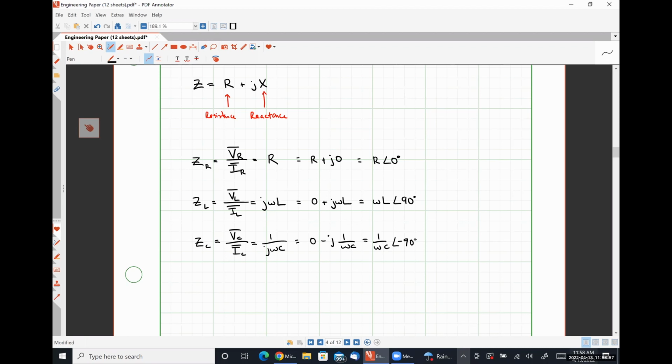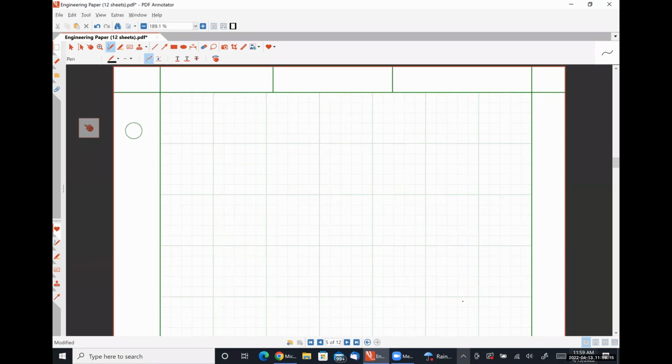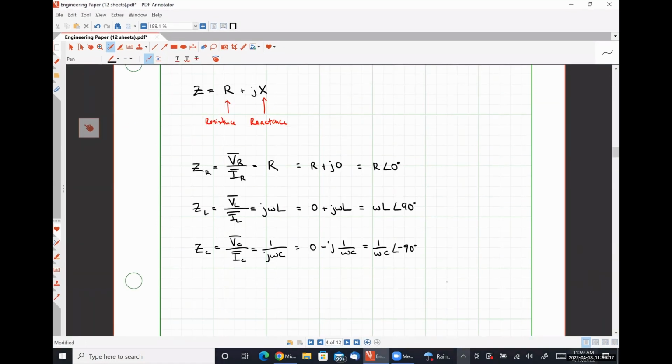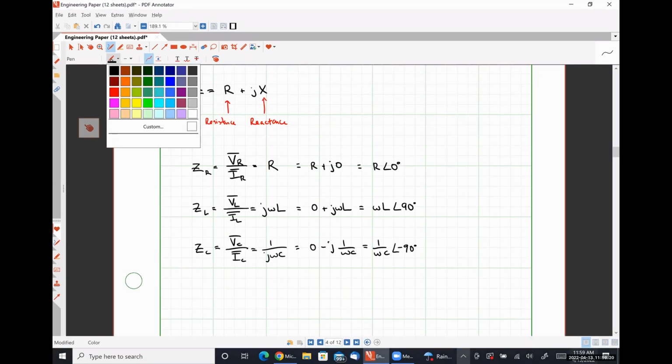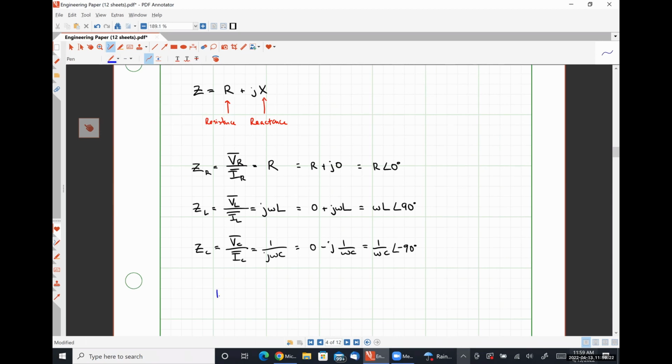One thing that tends to possibly confuse students here is how I went from positive numbers to a negative sign here. And that's all about 1 over j, right? So as a quick aside here, this will be the last thing that we talk about. One over j is the same as 1 over the square root of negative 1.